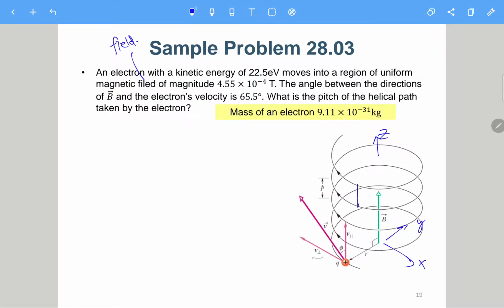Pitch means the vertical distance between the turns of the helix line. This is called the pitch, denoted as small p. Last semester in the midterm exam, some students still asked what the pitch is, and I said there is already a sample problem there.